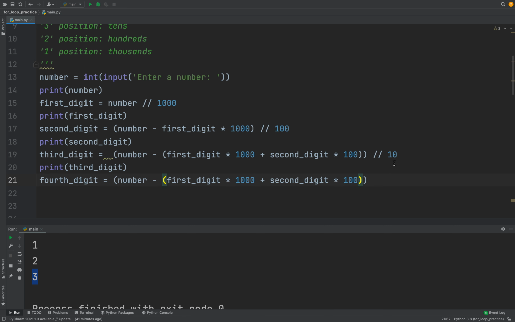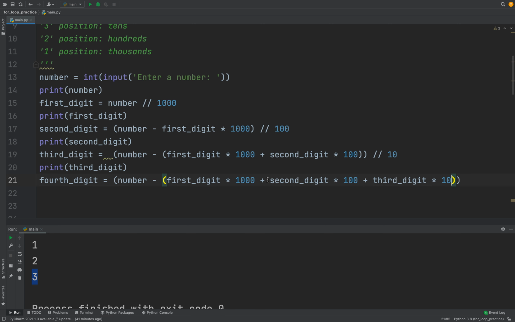We say first digit multiplied by 1000 plus second digit multiplied by 100, and then plus the third digit, which is 3, multiplied by 10, that gives us 30.